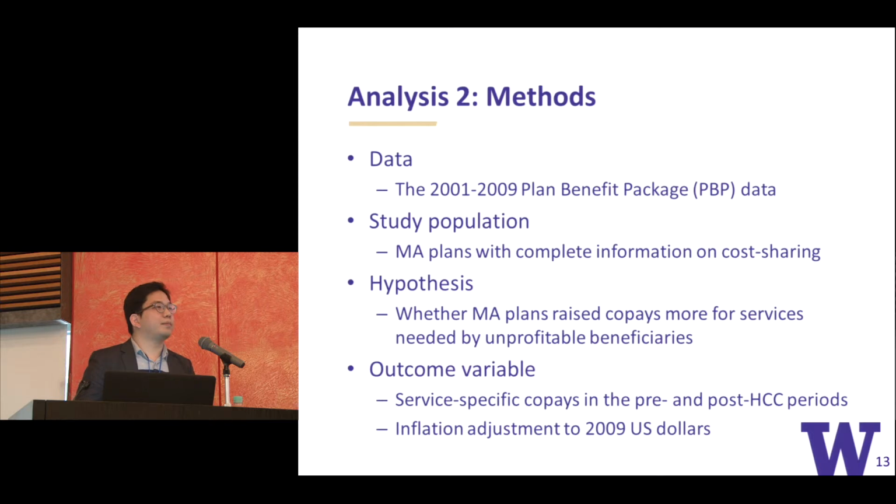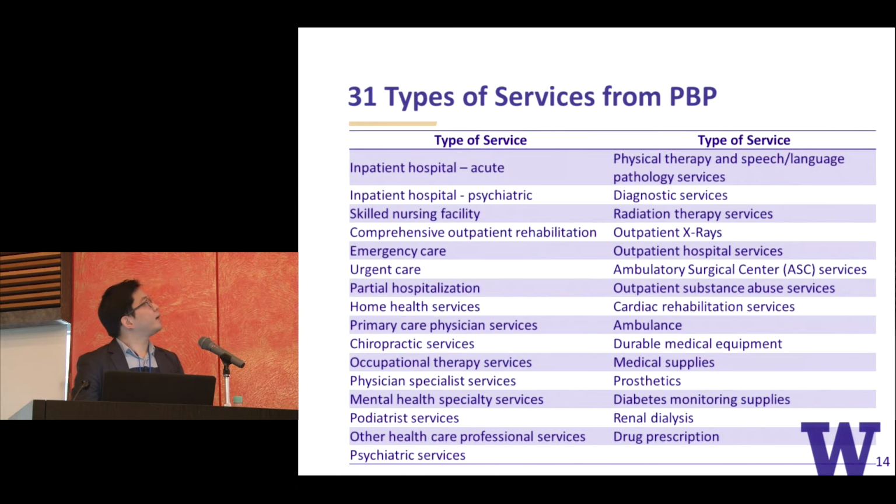So to make it comparable, I estimate these 5 types of services copay per a typical length of stay or a typical number of visits, and that is based on previous studies. And for other services, copay is per visit. And from the PBP data sets, I selected 31 types of services which are covered by MA plans as well as FFS plans.